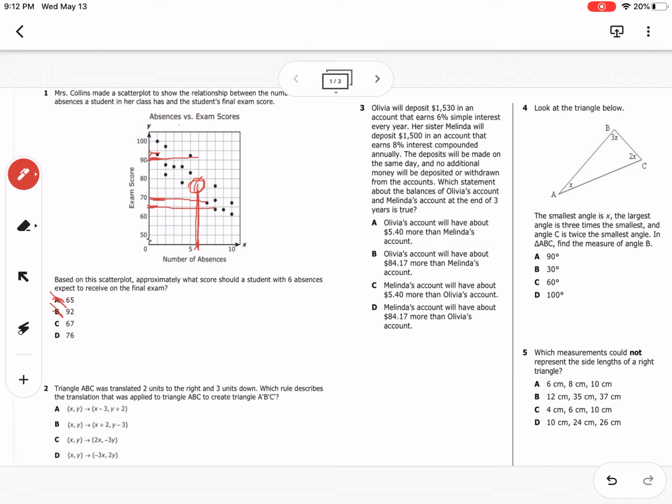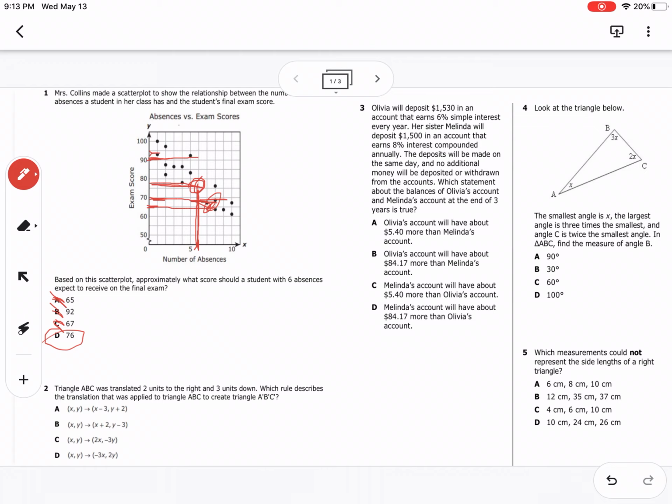So it's basically like A. It's also going to fall in this area. That is incorrect. For D, we have 76. 76, would you look at that? It falls right into where we had already marked. So our answer for number 1 is going to be D, 76.